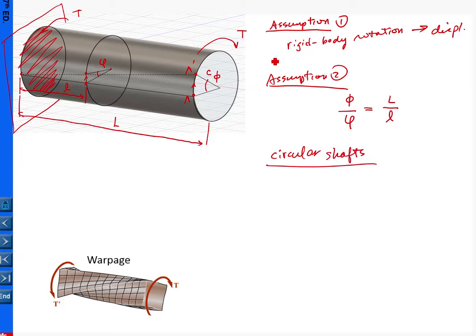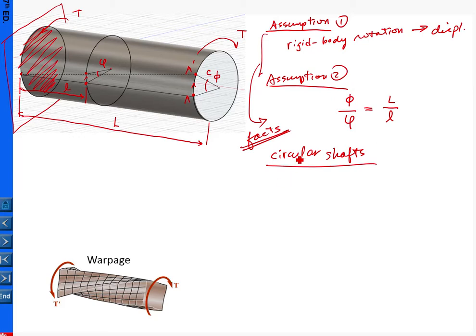So the two assumptions we can prove as facts for the circular shaft. In this class we won't have time to learn how to prove them, but we simply take this knowledge. Basically, that is true for the circular shaft.